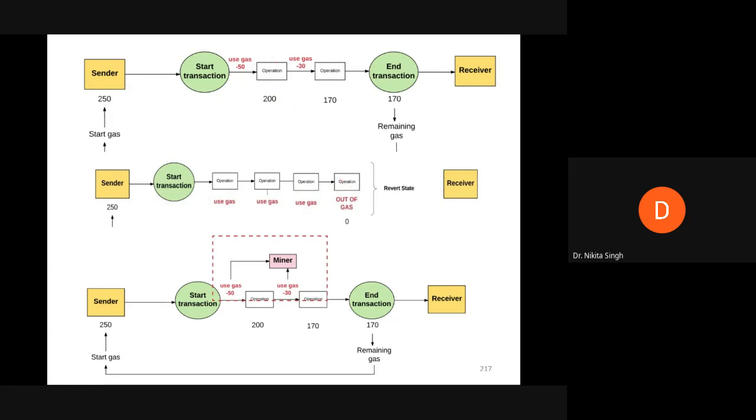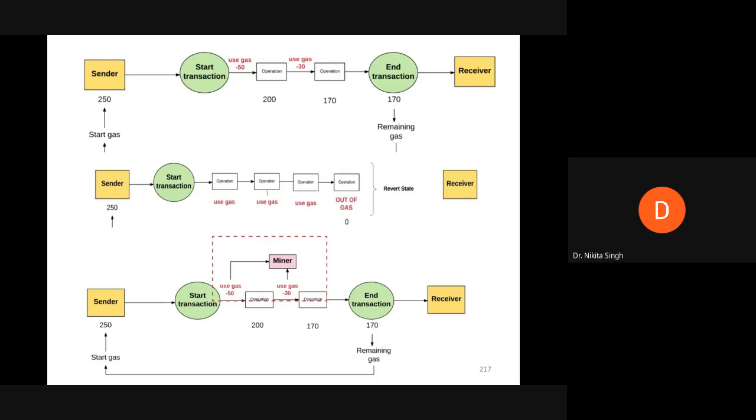All right. So we are saying that the gas is not returned. It does not go back to the sender.